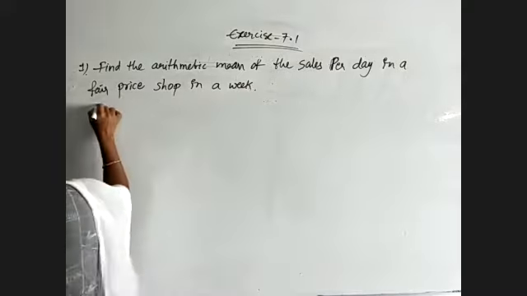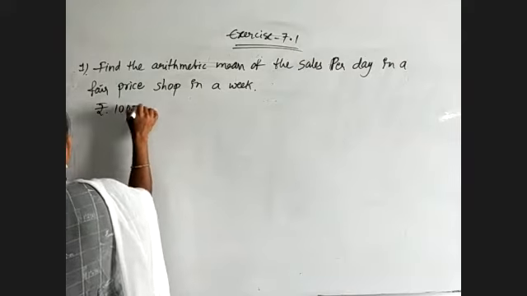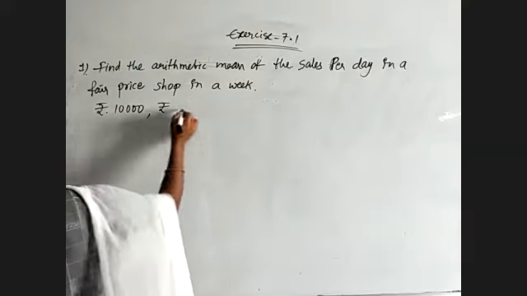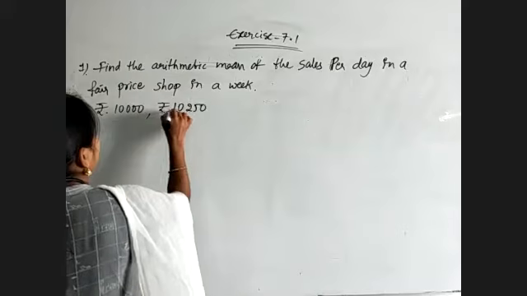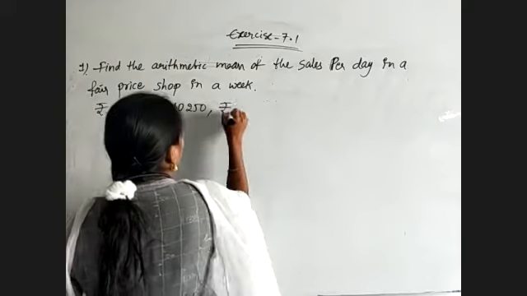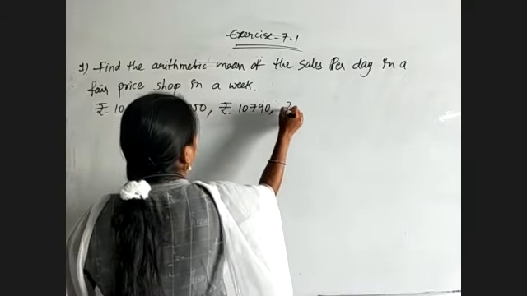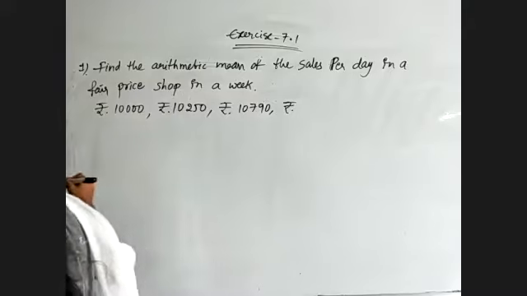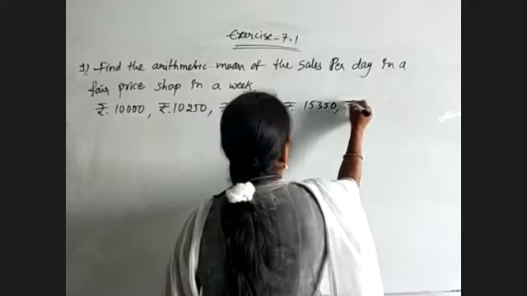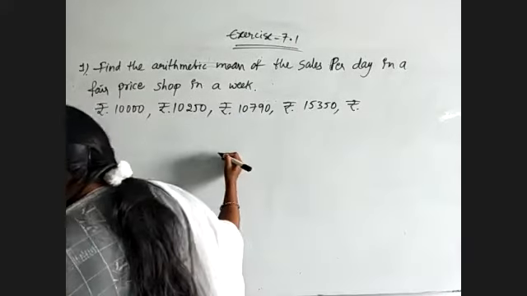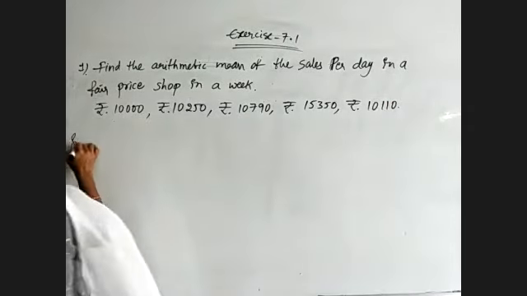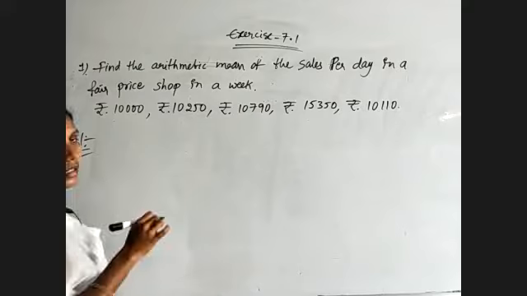And here the amounts are given: 10,000 rupees. Next 10,250 rupees. Next 10,790 rupees. And next 15,350. 10,110. So here they did not mention whether we need to use a deviation method or direct method.